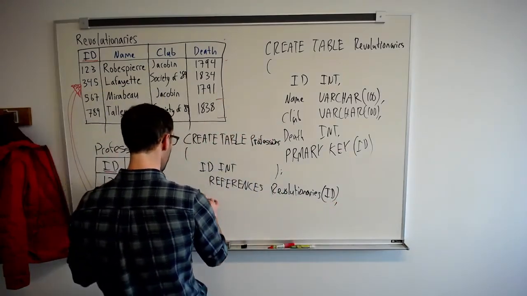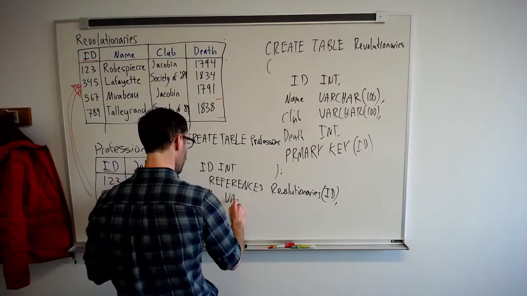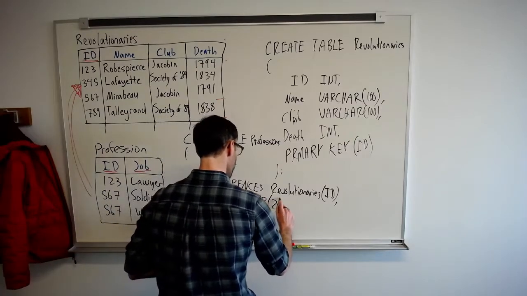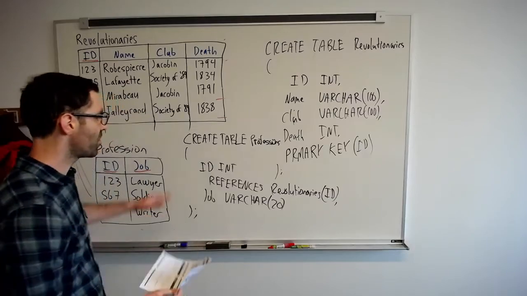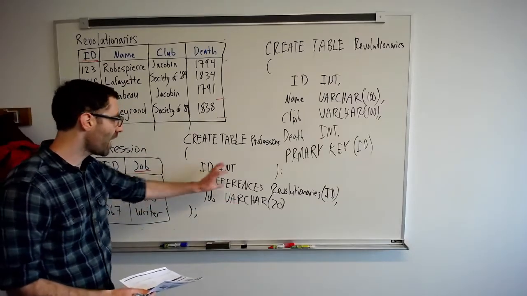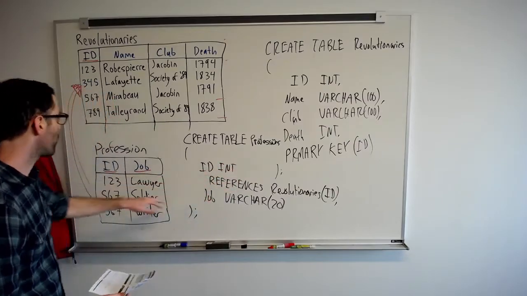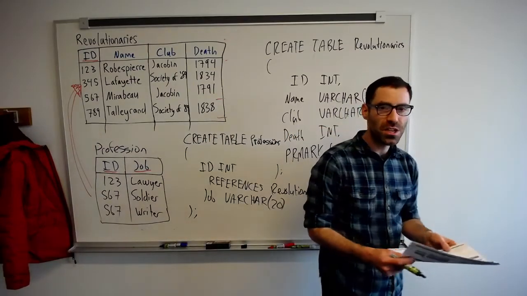And then we'd also have our job, which we'll again just make a variable length string. And so this is how we would create a table that has an ID that references some other table. This is how we would set up a foreign key in SQL.